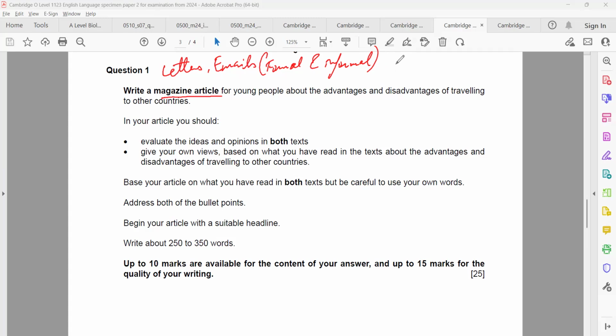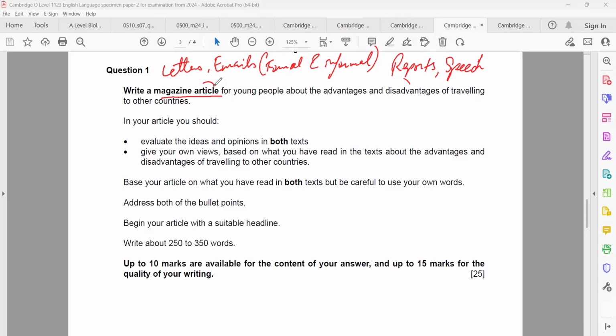Then you've got reports and speech. So 1, 2, 3, 4, and 5. You've got 5 different tasks, and each has its own requirements, own approach, the kind of language and vocabulary you want to use, and that's something we want to look into, and we will.